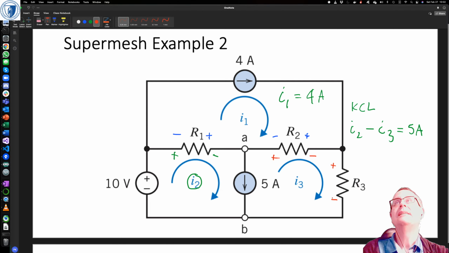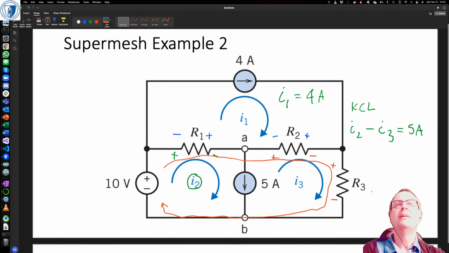Okay, and the super loop that we need to do to avoid the current source with two mesh currents going through it is like that.